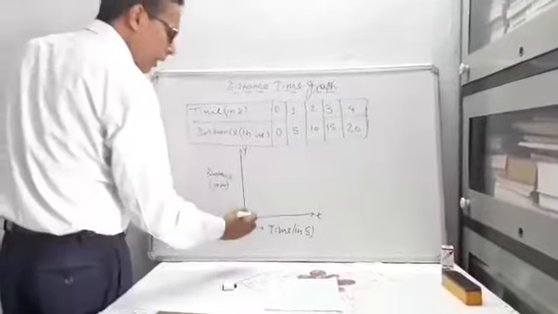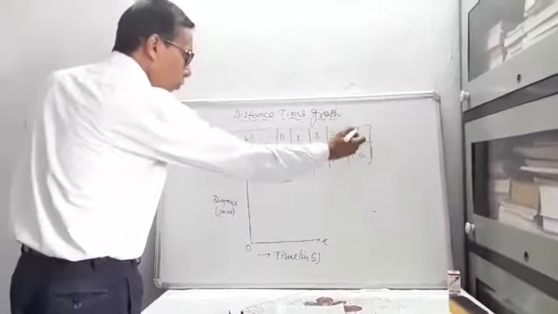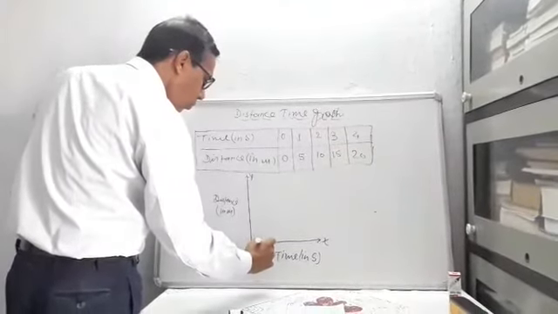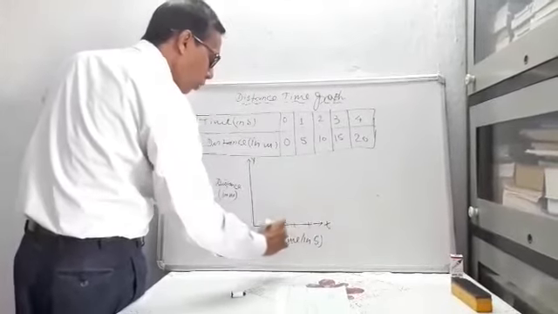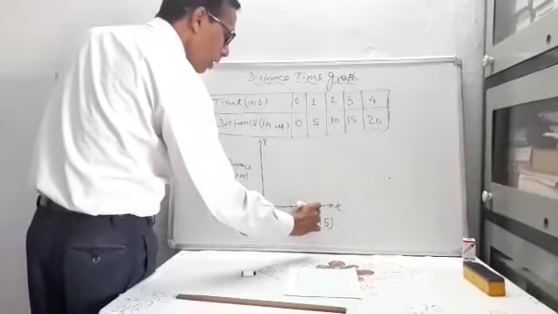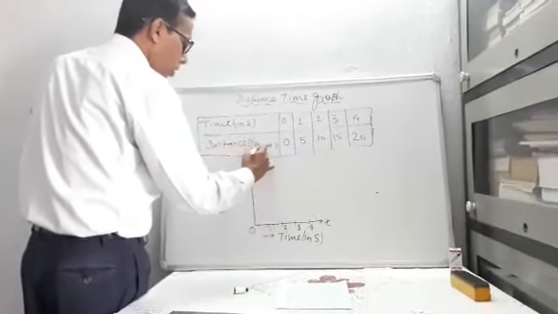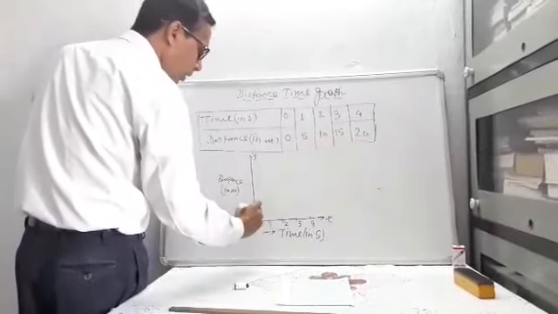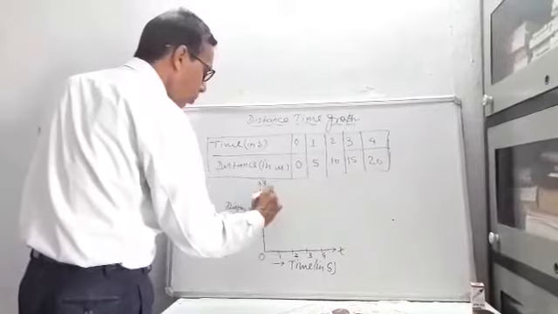So here time is taken along the x-axis: 0, 1, 2, 3, 4. And distance is taken along the y-axis, that is 0 meter, 5, 10, 15, 20.